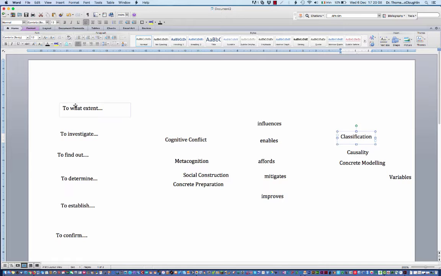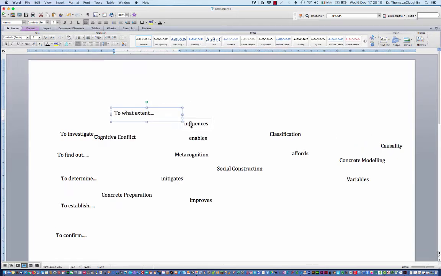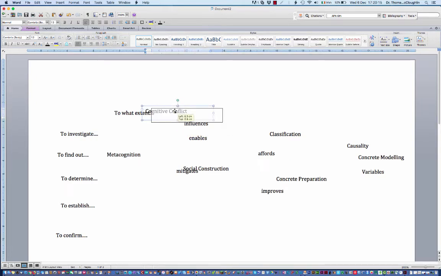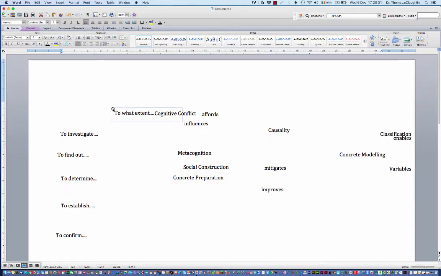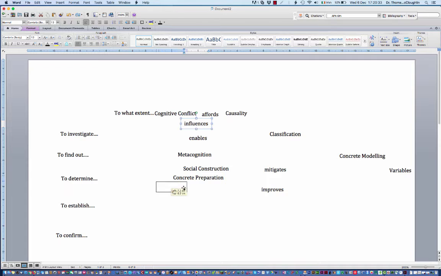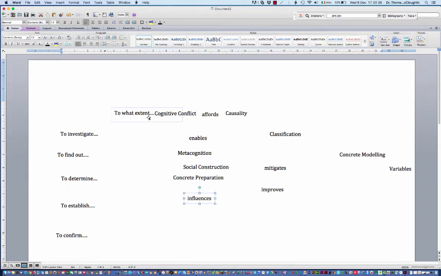Okay, so very basically, you know, to what extent will cognitive conflict afford causality? Okay, so to what extent will cognitive conflict afford causality in fourth class in Ireland?